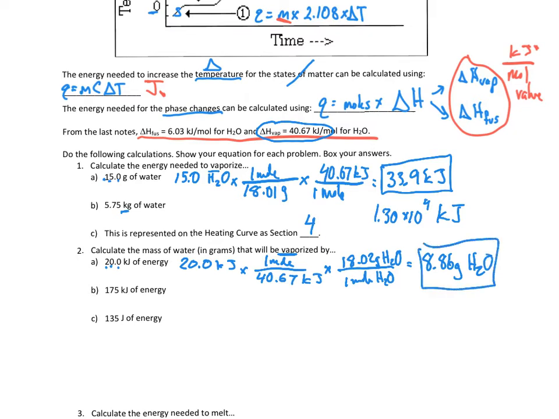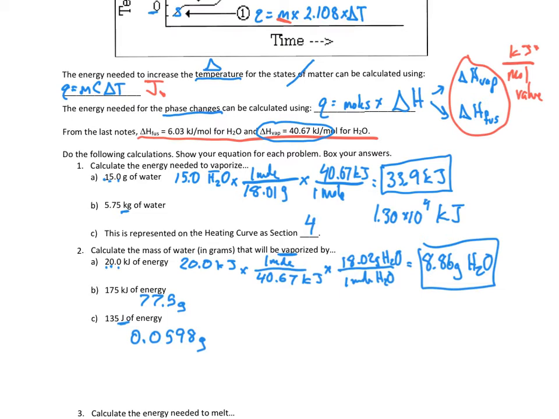And if you did the next two, the correct answers would be 77.5 grams and 0.0598 grams. And the reason that one is so small is because that number is in joules.